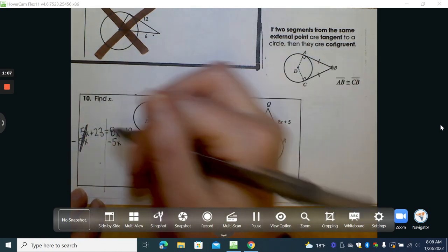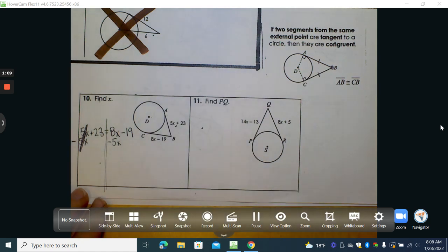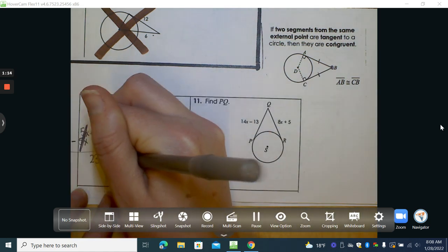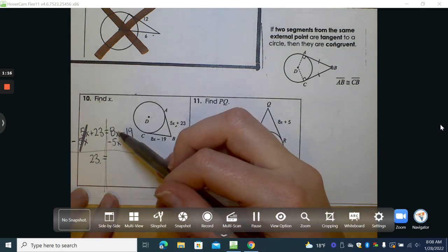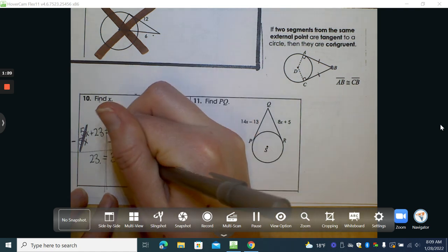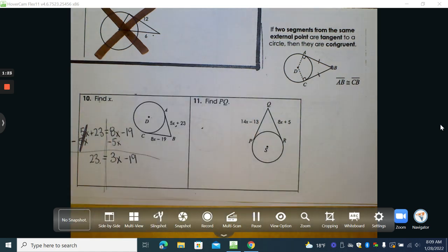If you need to draw one of those little lines down the middle to help you out, please do that. And you should be left with 23 on the left side of your equation. 8x minus 5x gives me 3x, and I'll just bring down that minus 19. And then I'm going to focus on this side, 3x minus 19. I want to get x by itself.